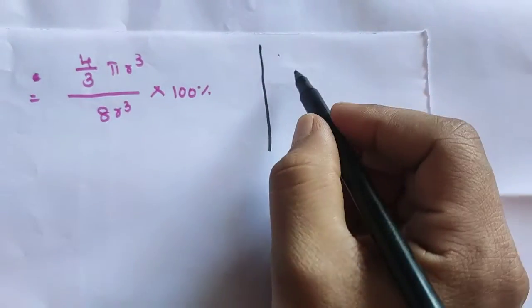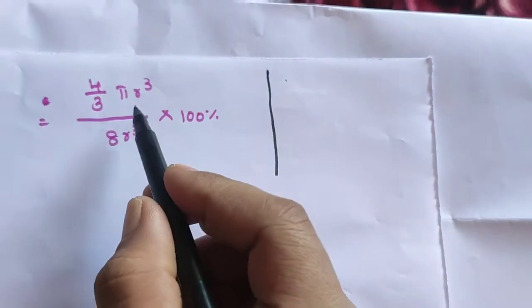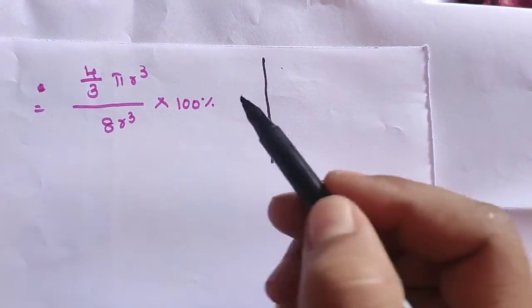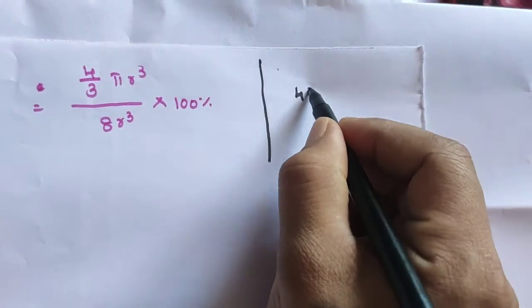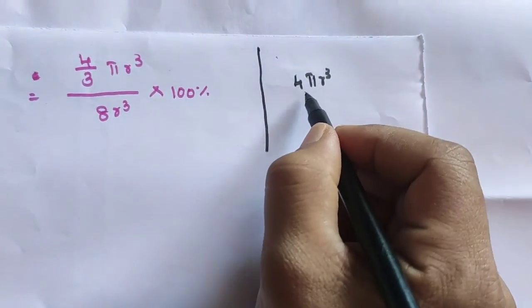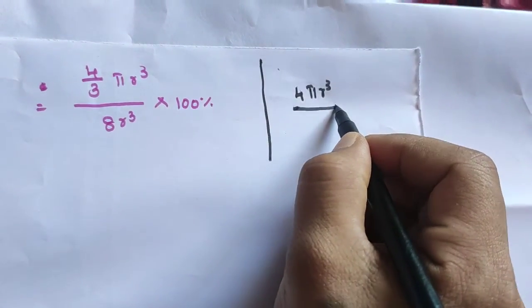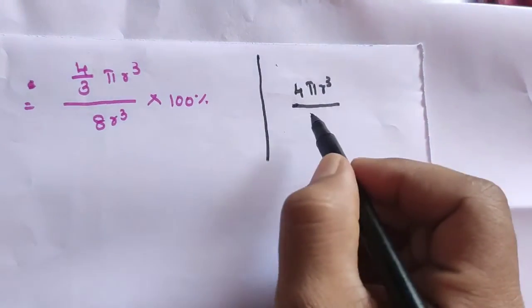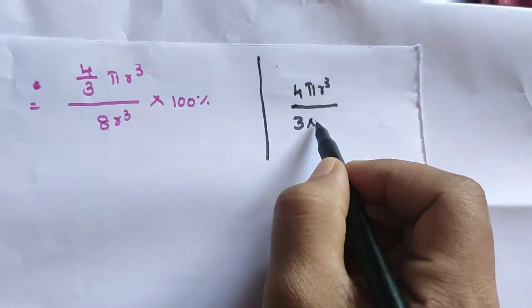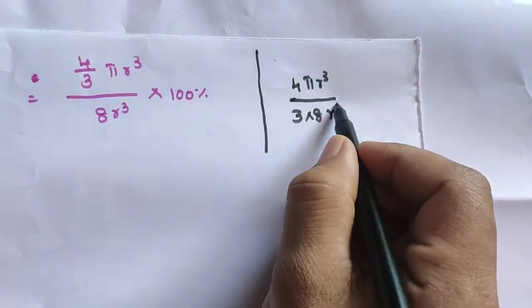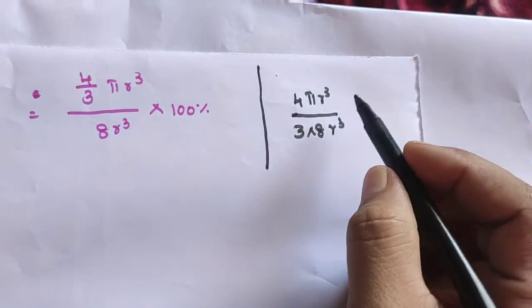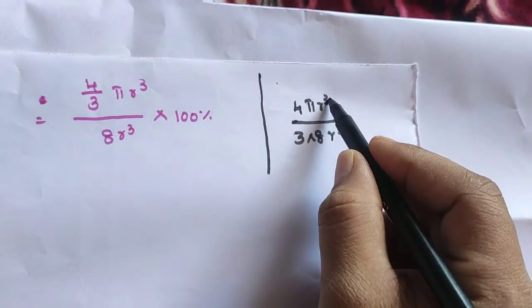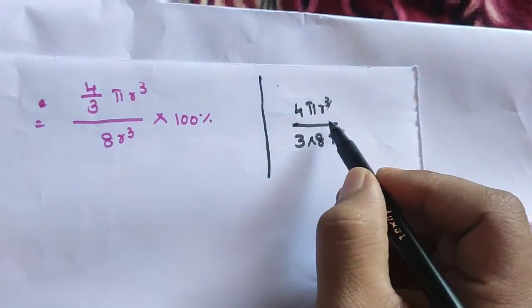Just roughly, we can write 4 by 3 pi r cube by 8 r cube. We can also write it this way: 4 pi r cube divided by 3 into 8 r cube. So here r cube will get cancelled out.